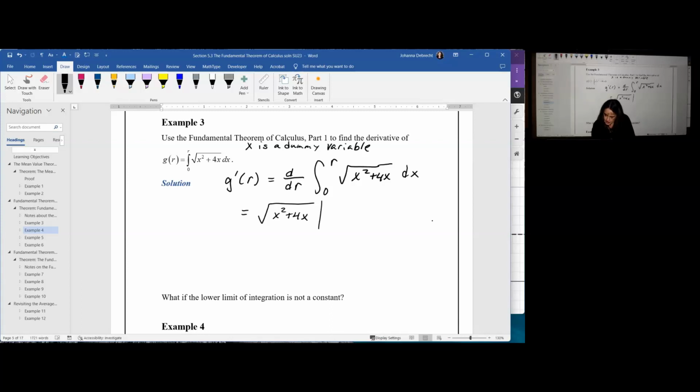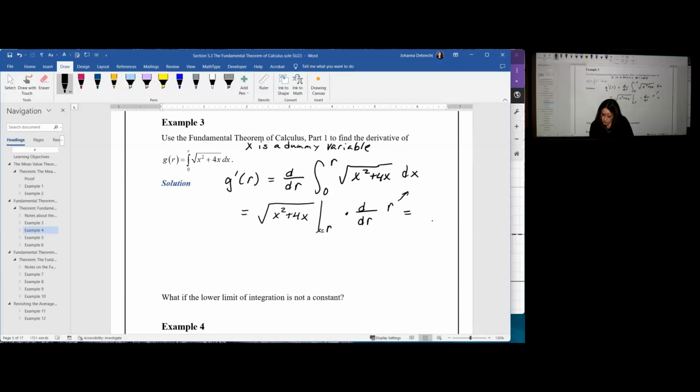But instead, I'm going to replace what's on the inside with the upper limit. This means that I'm going to set x equal to r. And then I have to multiply by the derivative of the upper limit of integration.